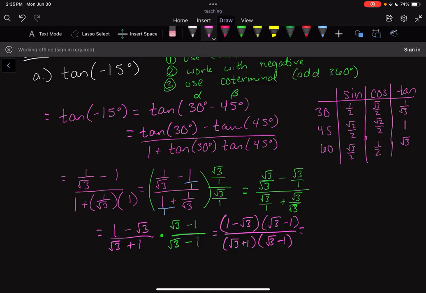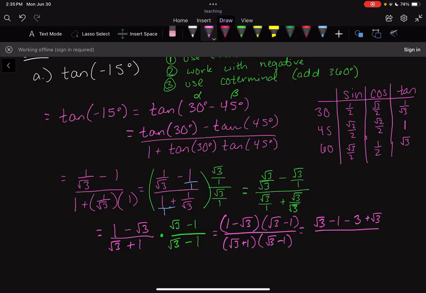This becomes root 3 plus, let me write this correctly. So 1 times root 3 and then 1 times negative 1, so minus 1. And then minus root 3 times root 3 would be 3. And then plus root 3 at the end.